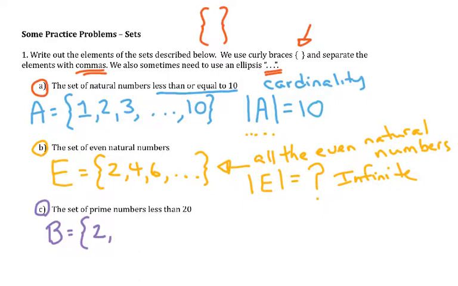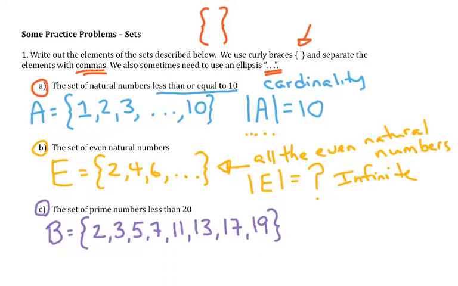And then the rest are going to be odd. 3, 5, 7. Can we put 9 in there? No. 9 is not prime because 9 equals 3 times 3. So if we jump over 9, 11 works, 13 works, 15 does not, 17, and 19.